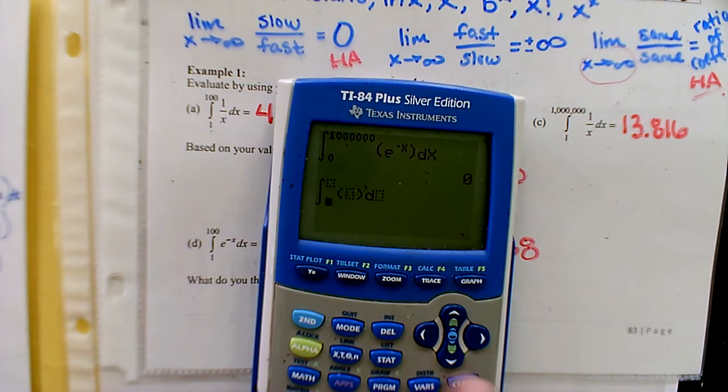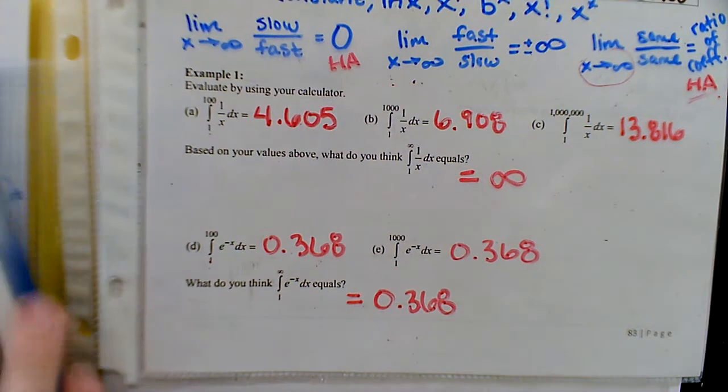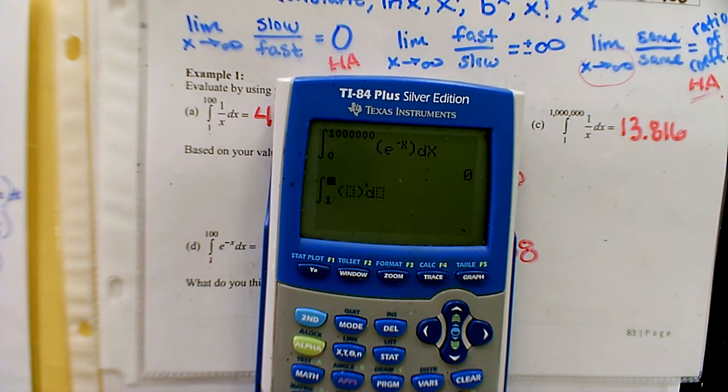Oh, that might be why. Your integral is from 1 to that. Did you do 1? I did 0 by accident. I did 1 to 1 million and then still got 0.